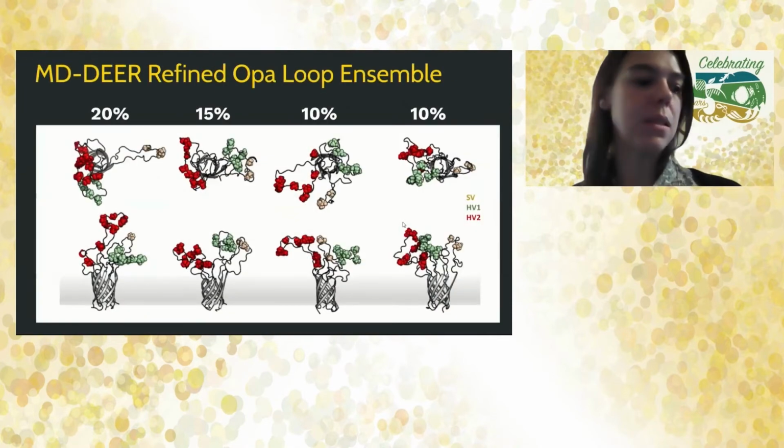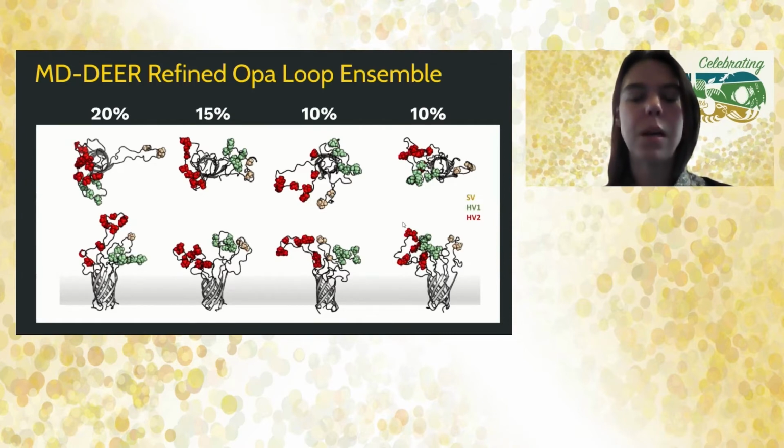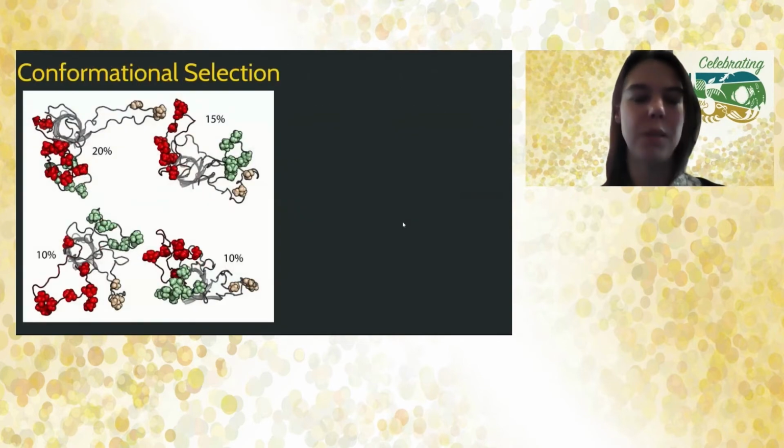The nice thing about this technique is that we can just keep doing this in iterations. And so for now, the iterations we have given us a couple of states that are more populated than others. And so we can cluster them and start to look at them and come up with hypotheses about binding, which we're doing. We're not quite ready to share. And because we want to compare it to the bound state, we want to start doing this with the bound state.